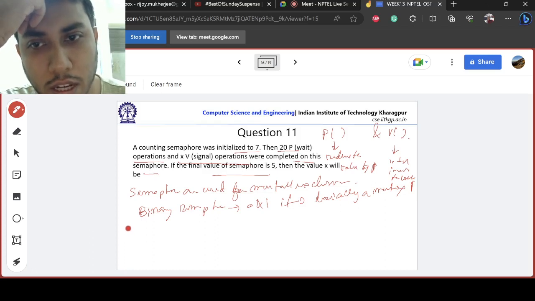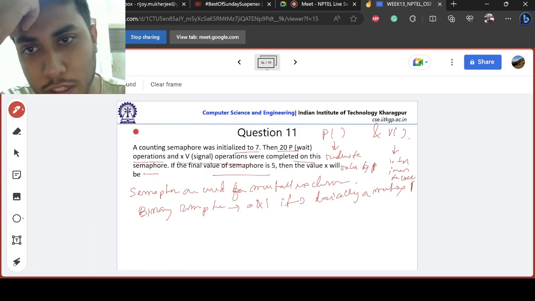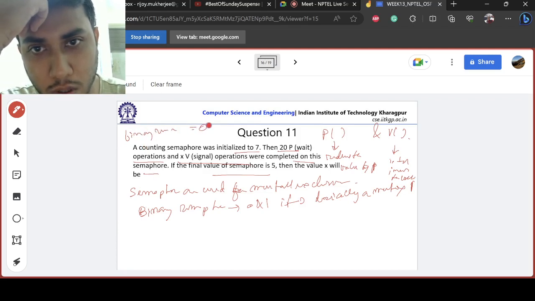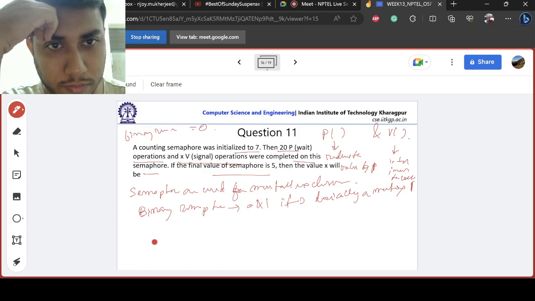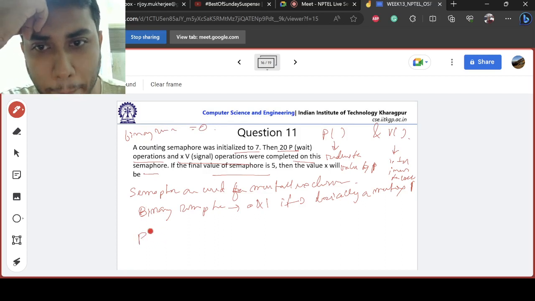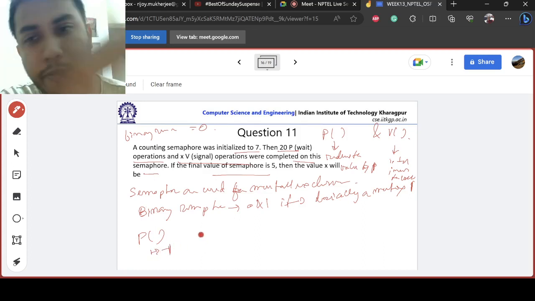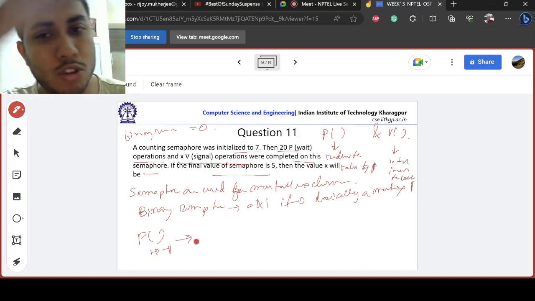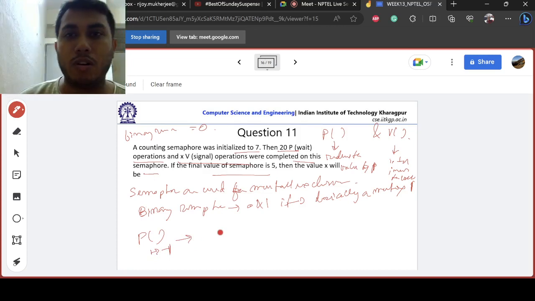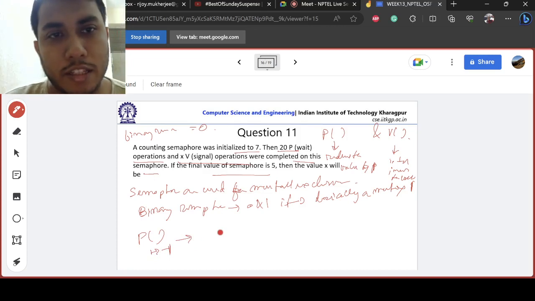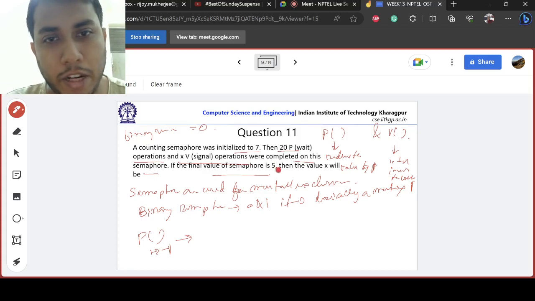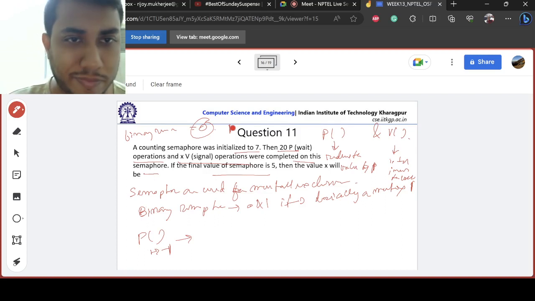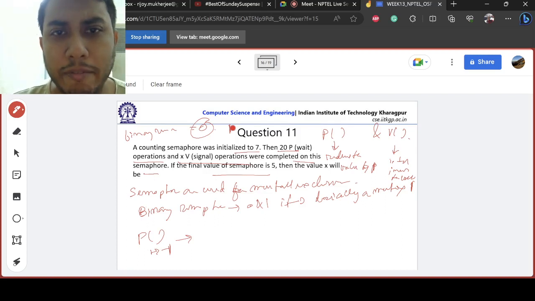So suppose the value is initially 0, as in most cases in a binary semaphore, and we do a P. It will decrease the value to -1, and it will be stopped there, because it means that you cannot go inside. Someone else is holding the lock, and when you do a V on this, it increases the value by 1.